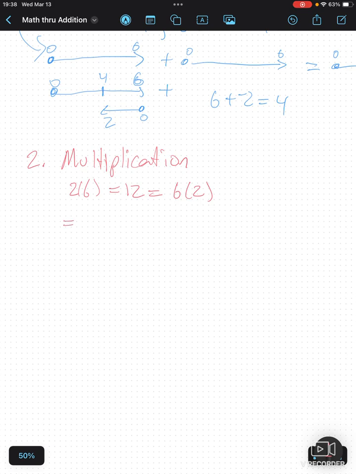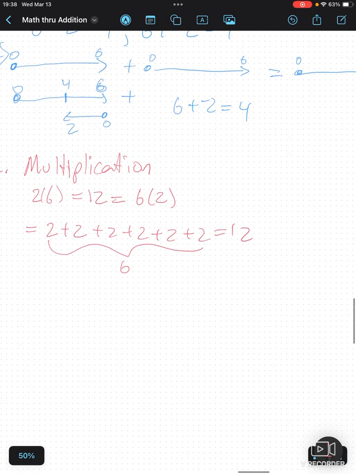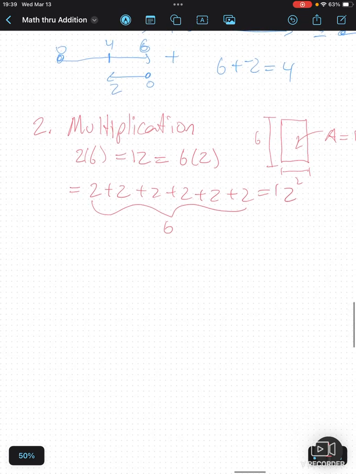Well, we know that 2 times 6 is really just 2 plus 2 plus 2 plus 2 plus 2 plus 2 equal to 12, and this is done 6 times. This could also be viewed geometrically, by units of 2 times units of 6, and that gives an area of 12 as another way to visualize this.